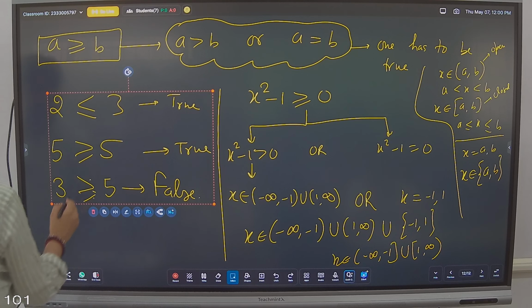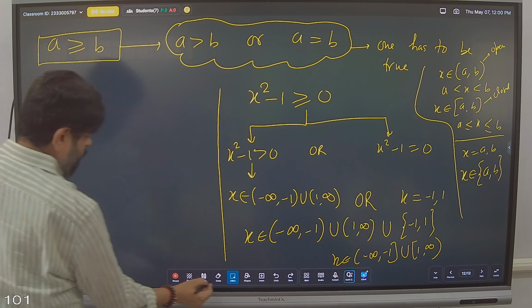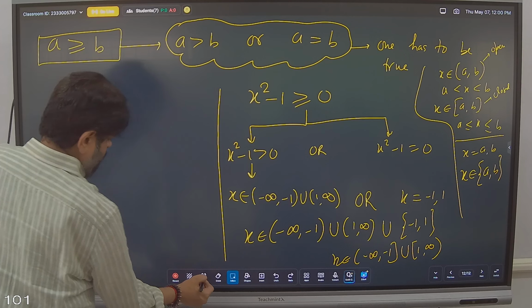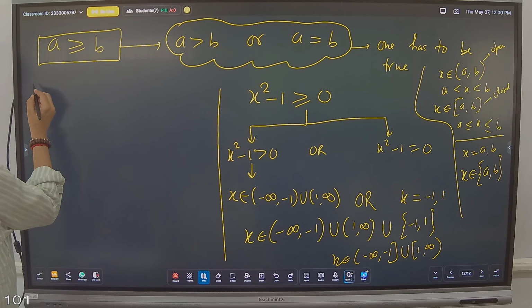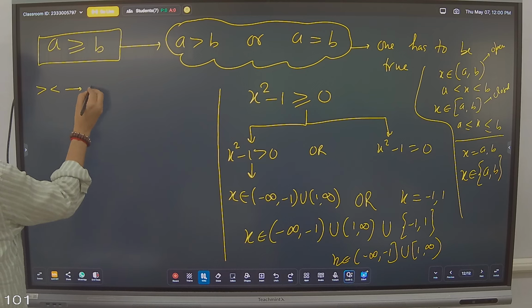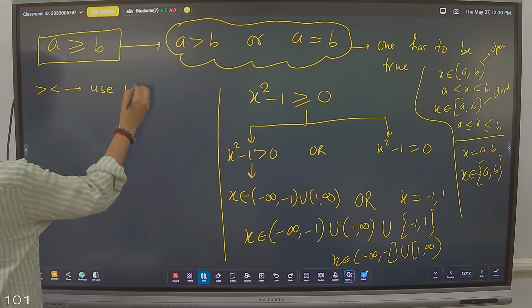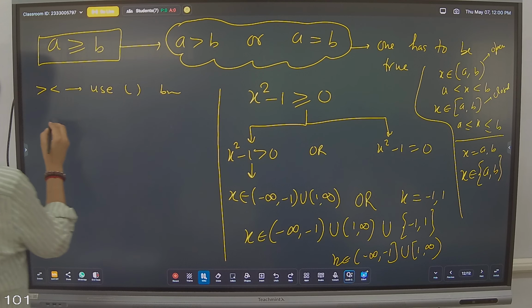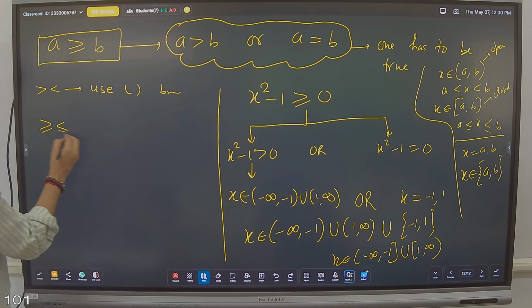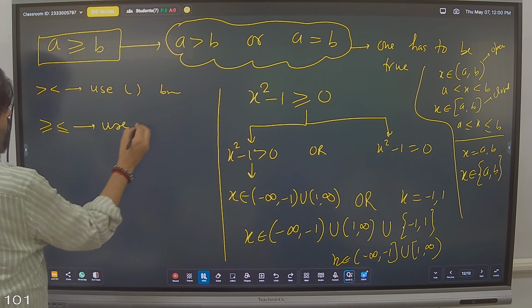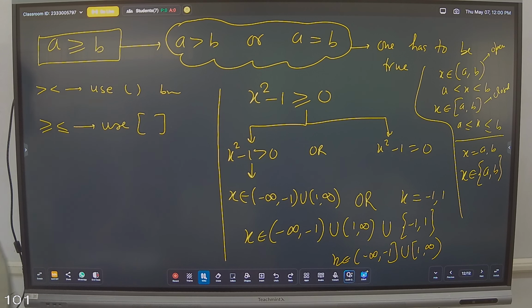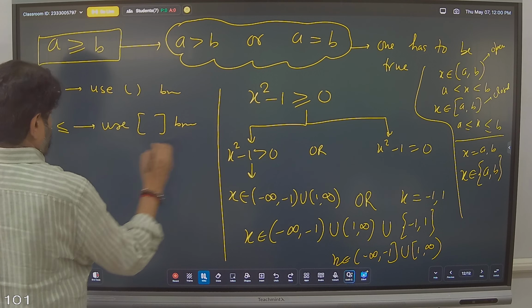What I will try to tell you: for this kind of symbol, use an open bracket. For this kind of symbol, use a close bracket. Only difference, that's all, nothing else.